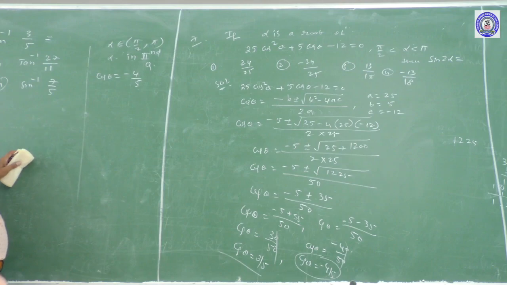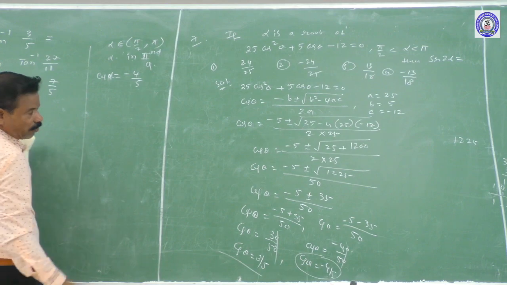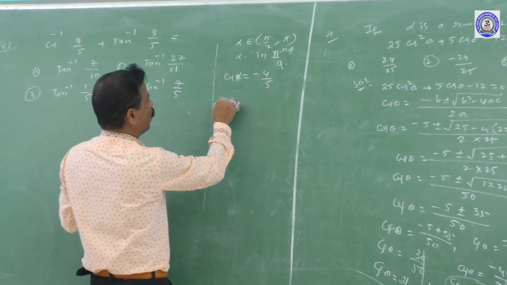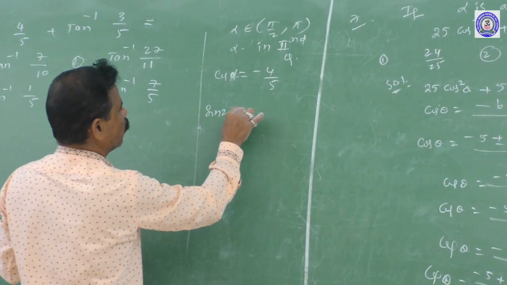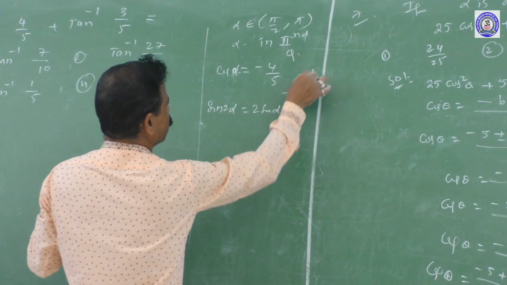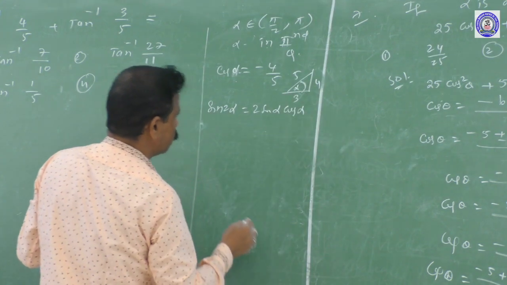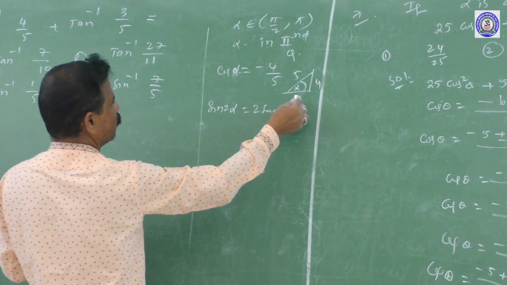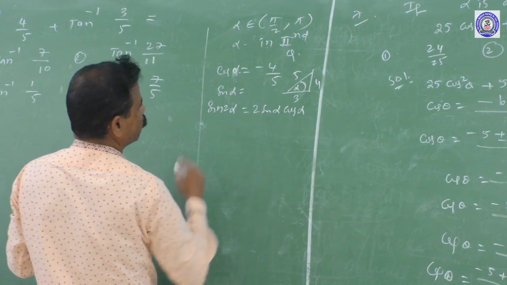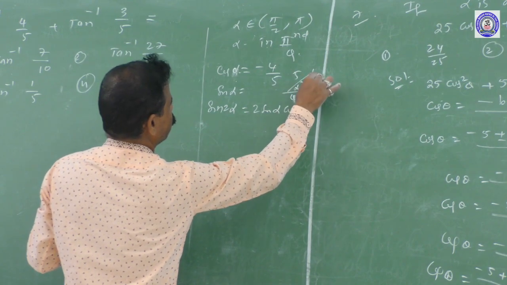He is asking sin 2 alpha. So this theta is here alpha. The sin 2 alpha formula: sin 2 alpha is equal to 2 sin alpha cos alpha. So from this, use the triangle: this is 4, this is 5, this is 3.